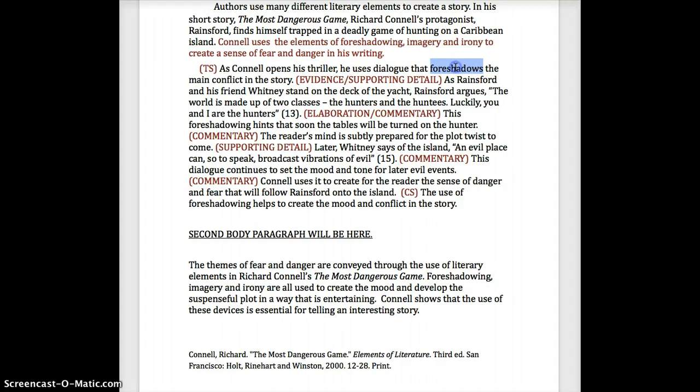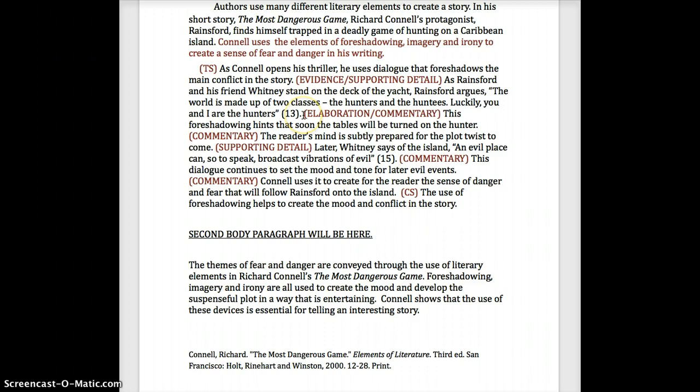In this case, he's addressing the foreshadowing. The topic sentence is followed by a supporting detail. This is information that is an example of something that happened in the piece of literature that you read. Okay, so it is an example taken from this short story.